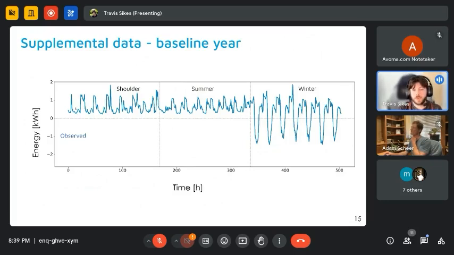Here, we basically see what we just saw before, which is that during the shoulder and the summer, this building was using energy above 0 constantly. However, winter comes around and suddenly we start having these significant dips because now solar PV is installed.